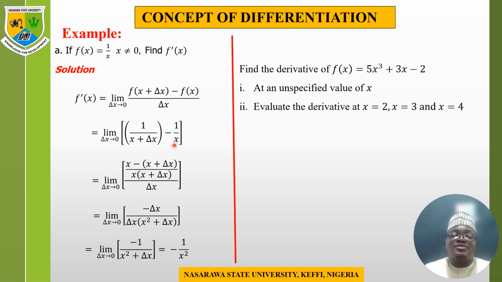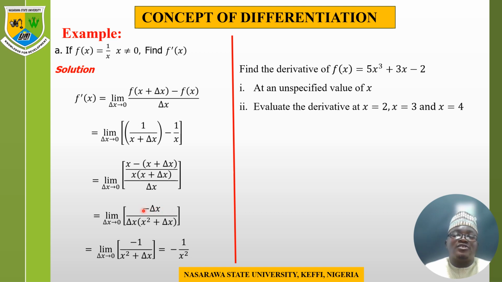Then if you take x to the LCM, it will cancel the x outside here, remaining x plus the increment of x, and multiplied by 1, we get back to x plus the increment of x. Going to the next step, when you open this bracket, here is going to be x minus x, and x minus x is going to be 0, and minus times plus, you get back to minus the increment of x here.